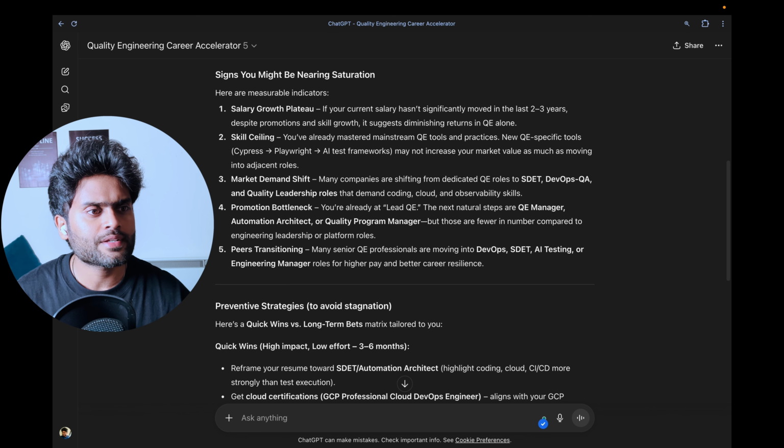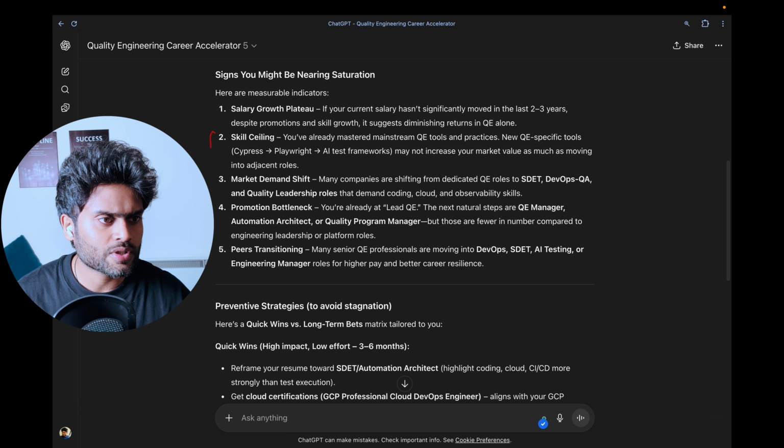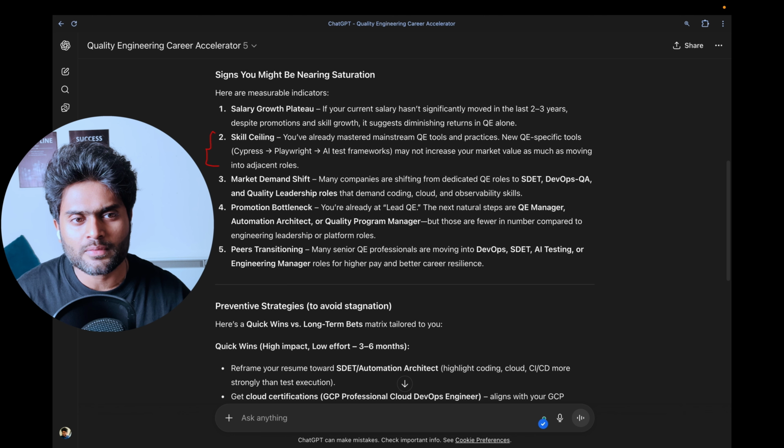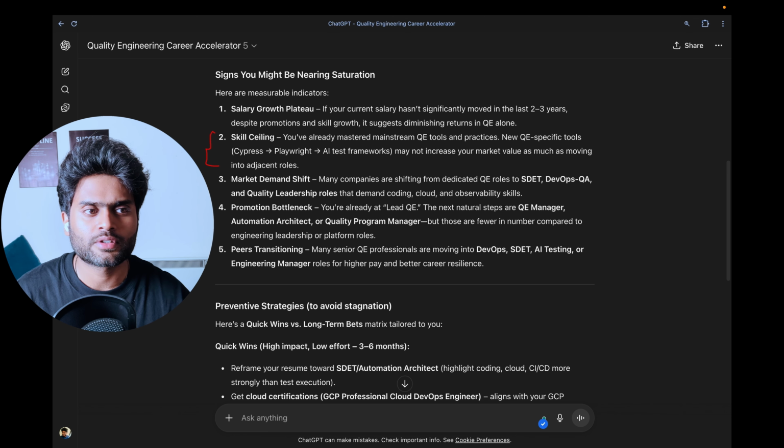That's one. And skill ceiling is, you have already mastered mainstream QE tools and practice. New QE specific tools may not increase your market value as much as moving into adjacent roles. So this one is the better suggestion in my point of view. As a quality engineer, as I said in the previous video, we might keep on learning multiple tools, but it clearly says that it may not increase my market value because I'm already comfortable with the tools.